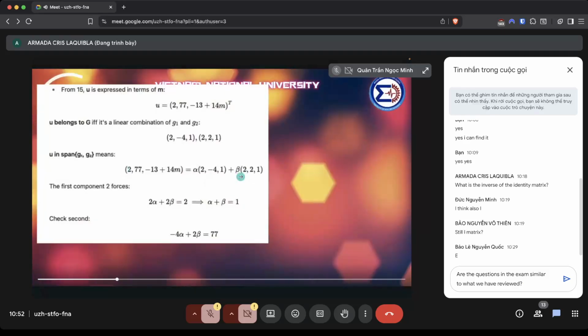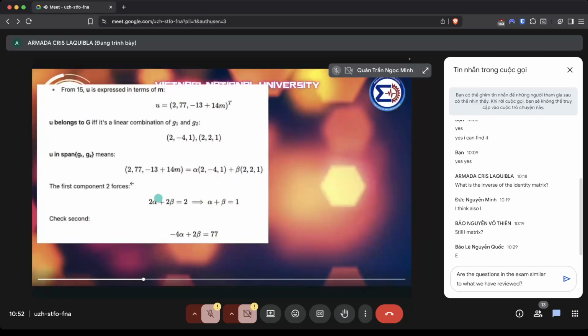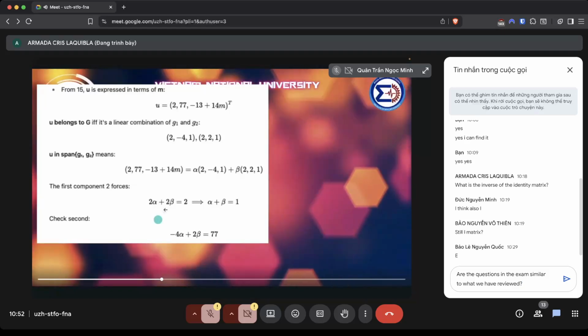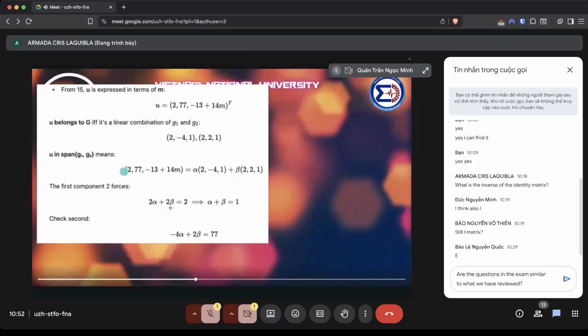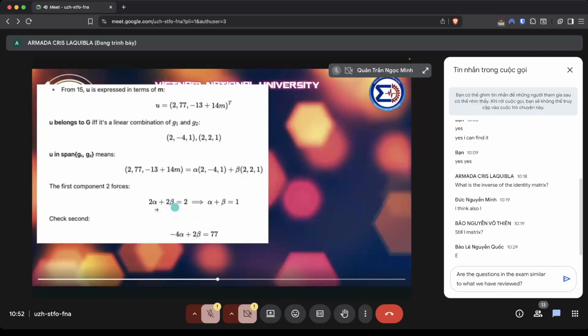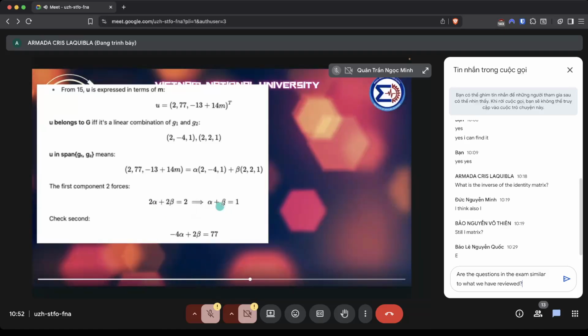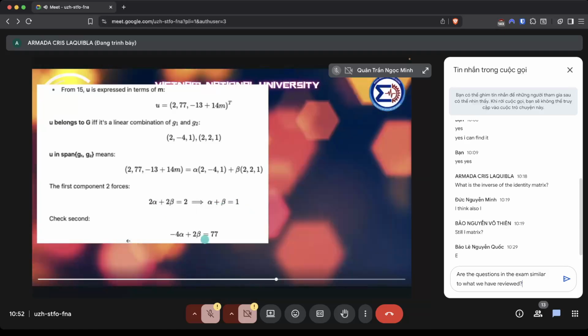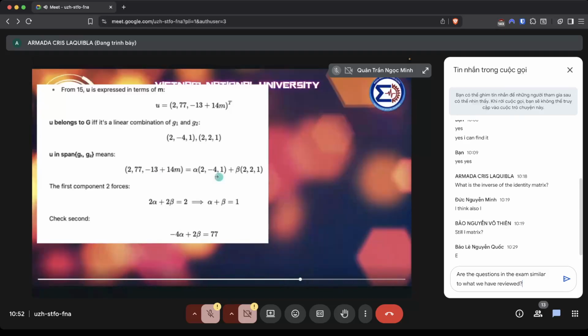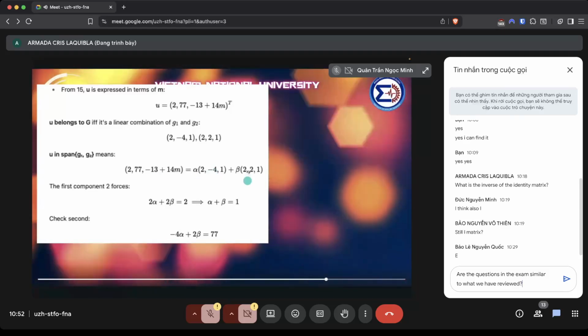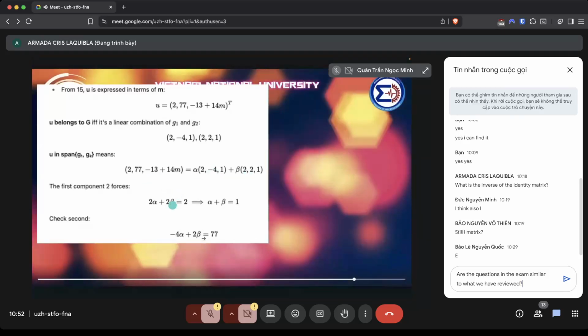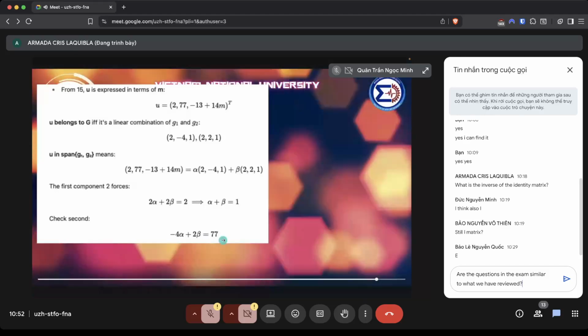Compute the first component. So 2 alpha plus 2 beta is equal to 2. So when you divide it by 2, your alpha plus beta is equal to 1. Now, second component, we have here -4 alpha plus 2 beta is equal to 77. Correct?